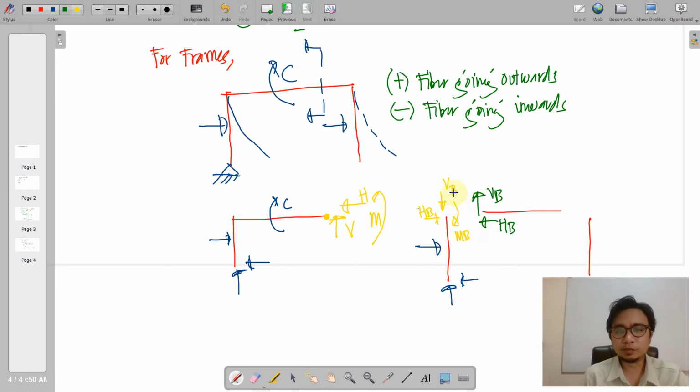So as for the shear at B, this is downwards here and it will become upward here, but the same or equal in magnitude. Same true with the moment at B. So if this is clockwise, this will be counterclockwise. So this joint would also have its internal forces developed.